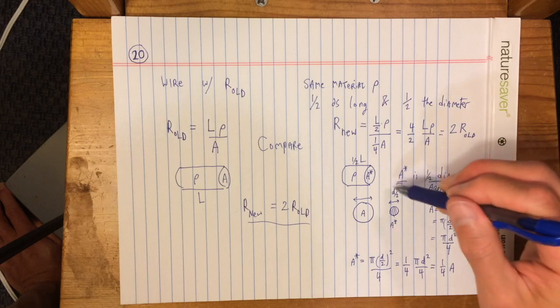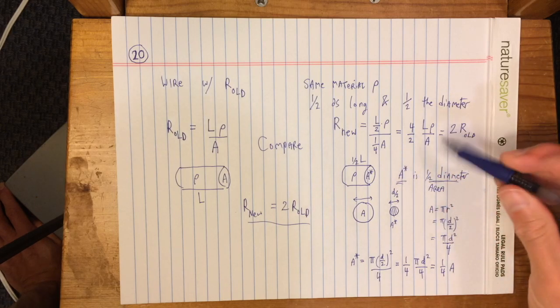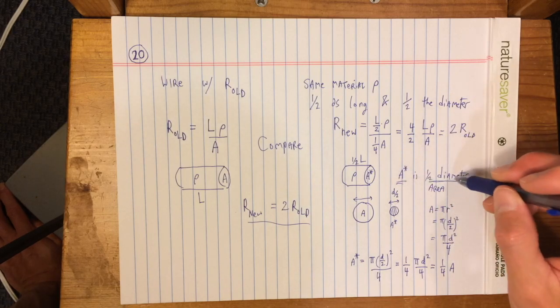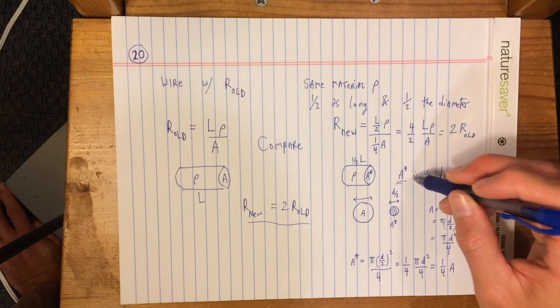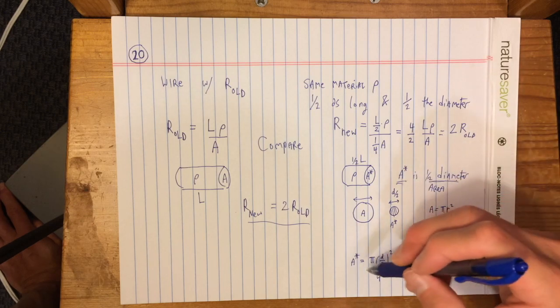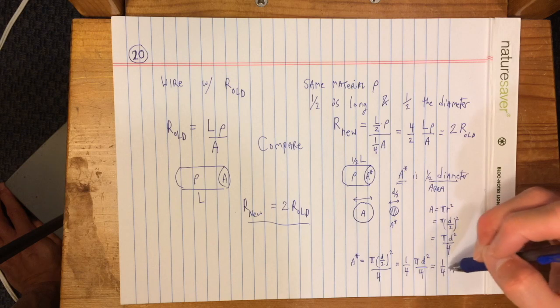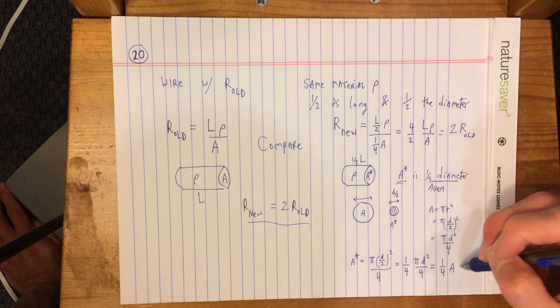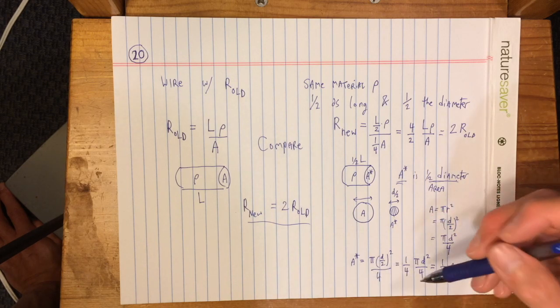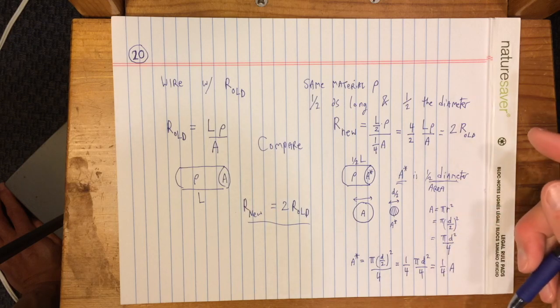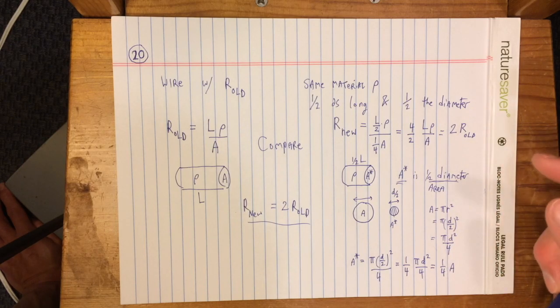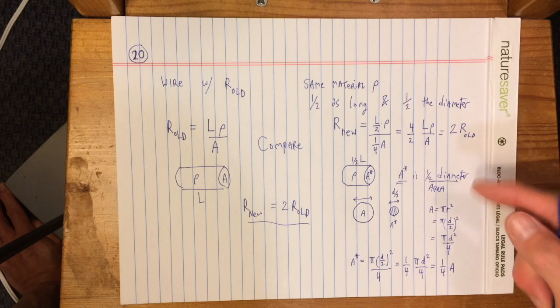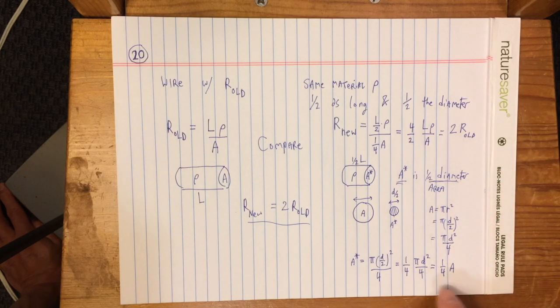So we need to be kind of formal, right? We need to figure out if I got half the diameter, what does that mean about the area? So we did that kind of analysis, and it turns out that at half the diameter, I end up with 1/4 of the area, because the area is dependent on the diameter squared. So if you halve the diameter, that ends up as diameter squared over 4, and so that's the 1/4.